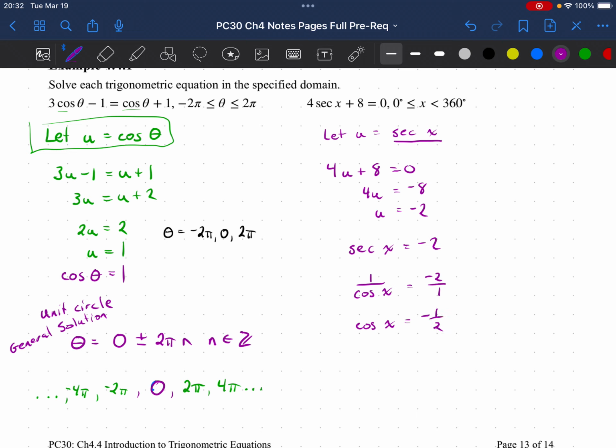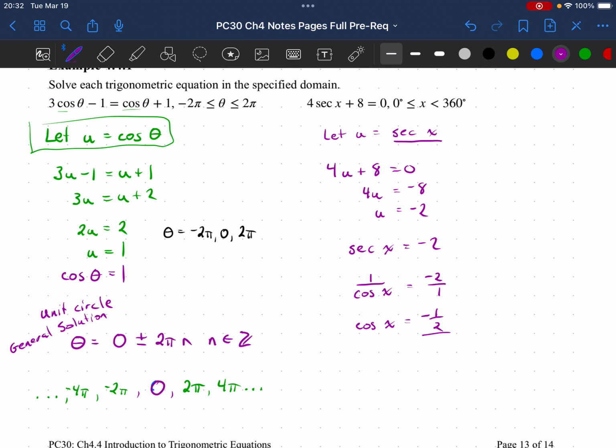All right, now we can solve this. This one comes up on our unit circle, and on our unit circle, our x value is cosine and our y value is sine. So I'm looking for the angles where my x value on the unit circle is negative 1/2.